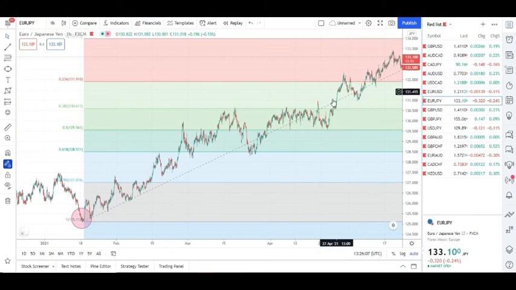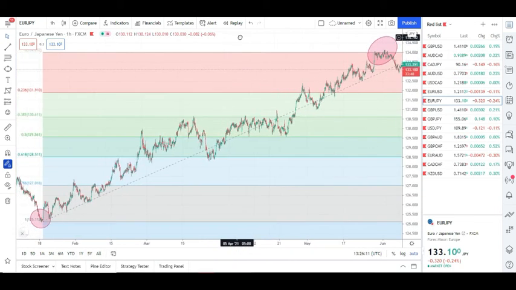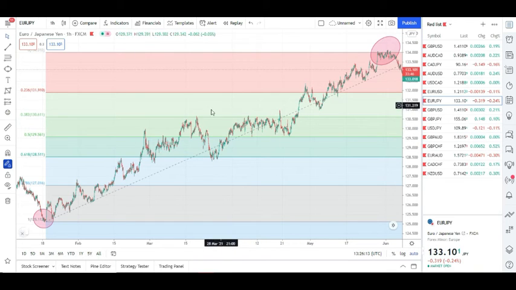So let me go and show you back here. We've drawn our Fibonacci retracement, as you can see. Let's say you identified that the market was rallying to this position. You have your swing high here.